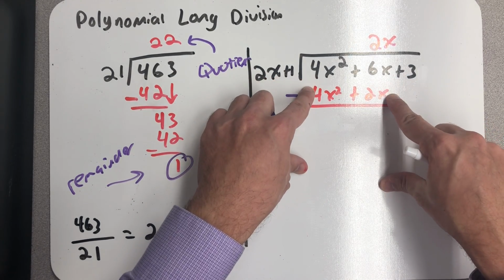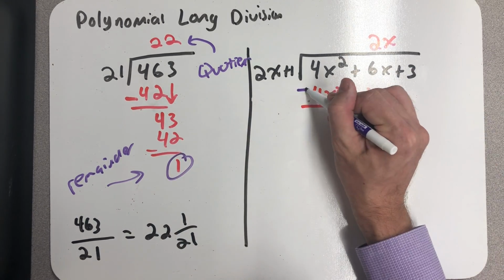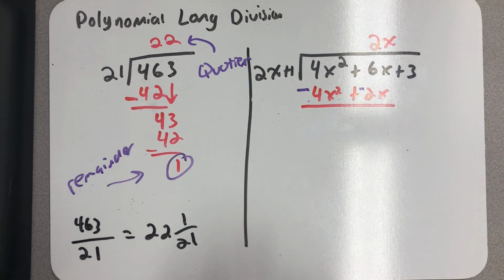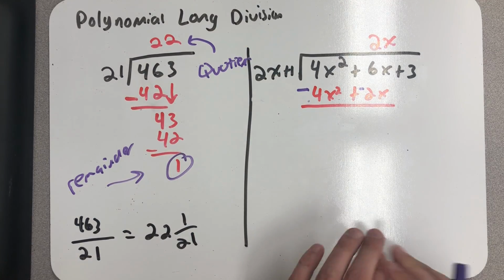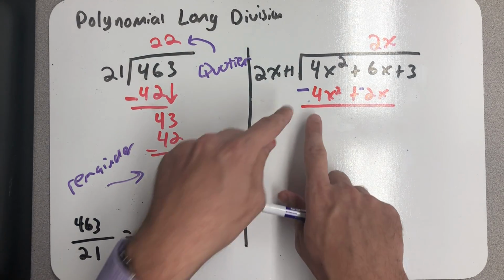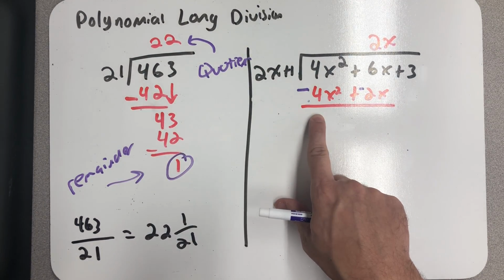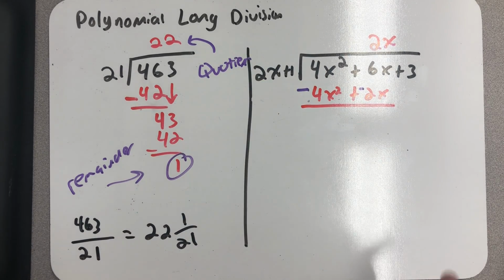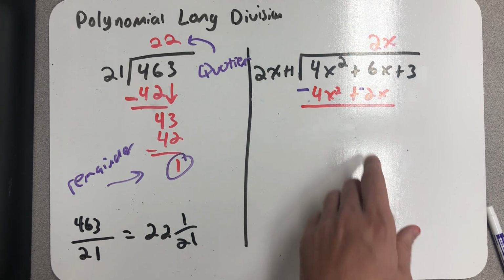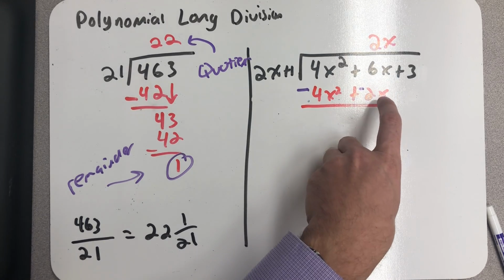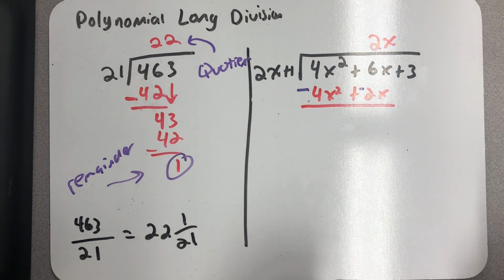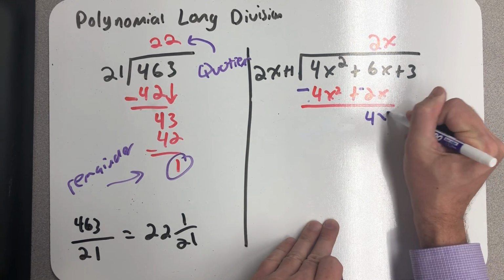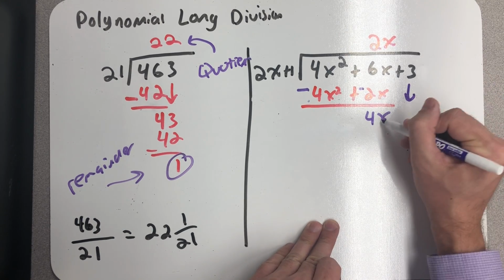What I usually say is that I change all of the signs to subtract. So now I have 4x squared minus 4x squared, and those cancel out. When I'm dividing polynomials, that's always going to happen. That first thing is always going to cancel out if I've done everything correctly. And then 6x minus 2x is going to give me a positive 4x. And now I need to bring down the 3.